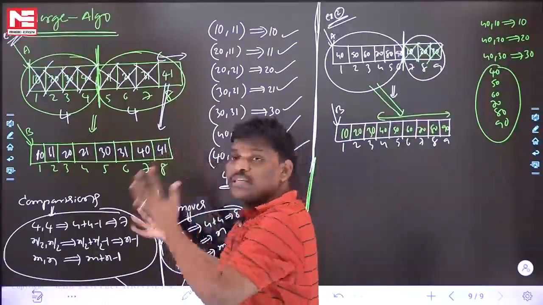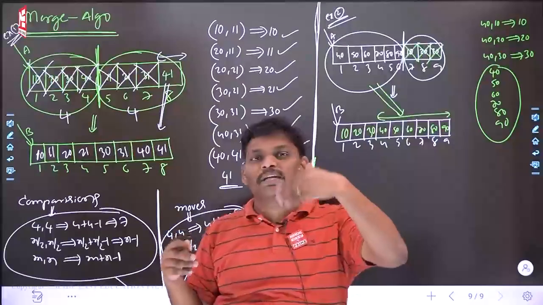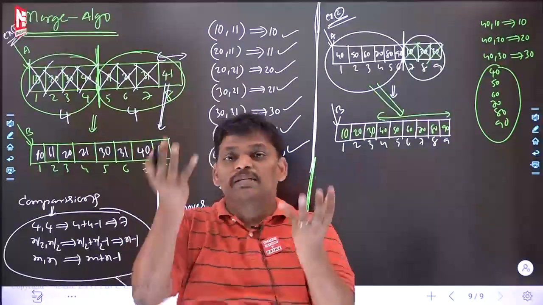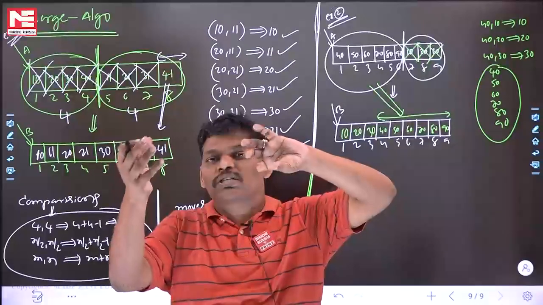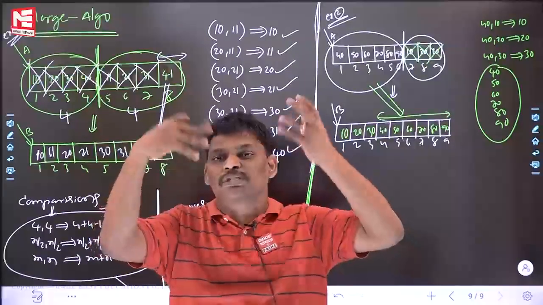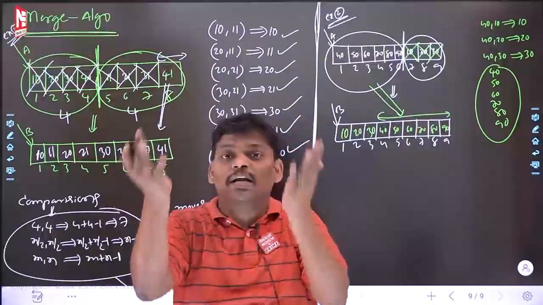What is the meaning? Elements are coming alternatively, first time from the first group, second time from the second group, third time first group, fourth time second group.